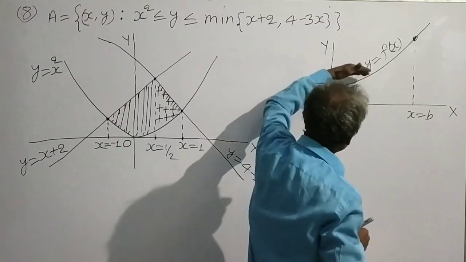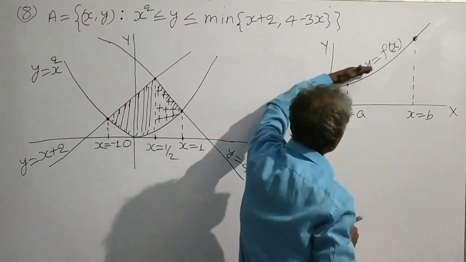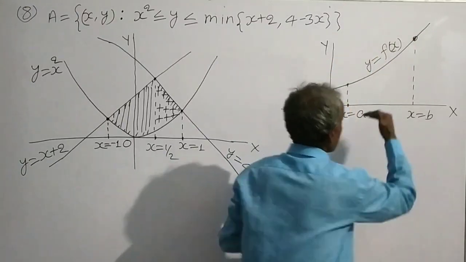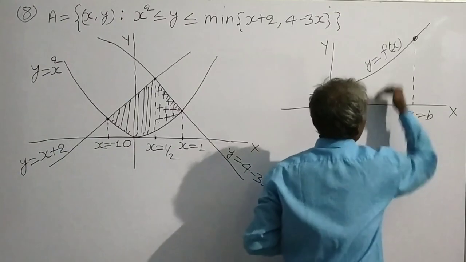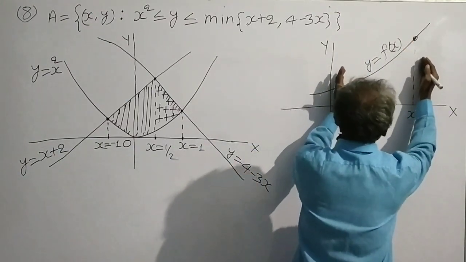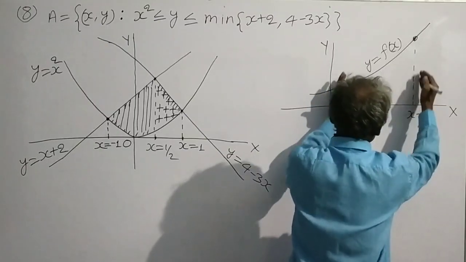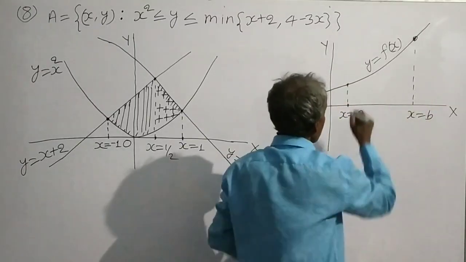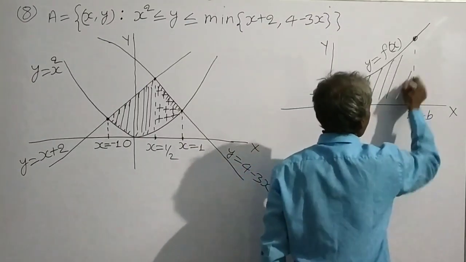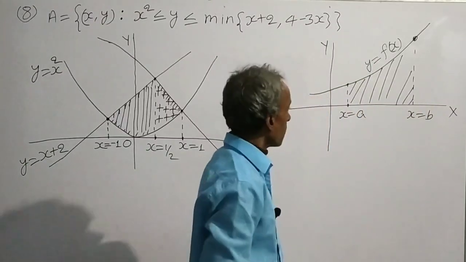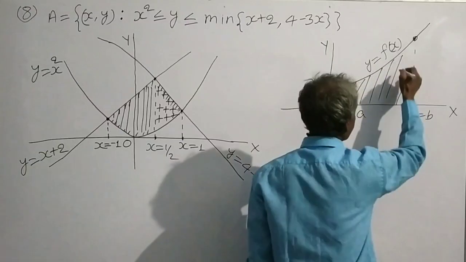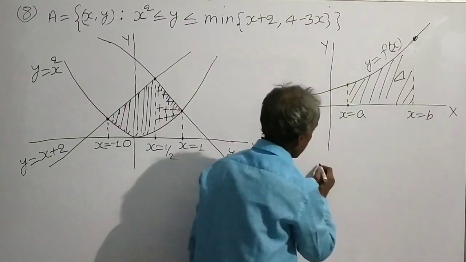Now, the area below this curve, above the x-axis, and between these two dotted lines, that means this shaded area, we suppose the area of this shaded region as delta.